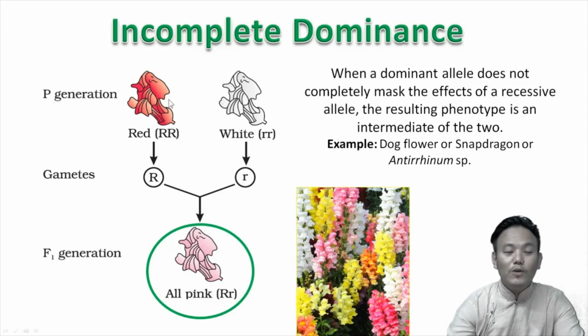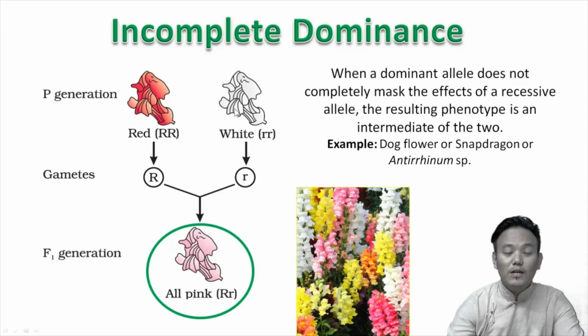Here we can observe that this F1 hybrid gets two different alleles, one from each parent. From one parent it gets a capital R, and from the other parent it gets a lowercase r, which means this is slightly recessive. But the capital R is not completely dominant over the lowercase r, and therefore we observe a phenotype which is in between the phenotypes of the parents.